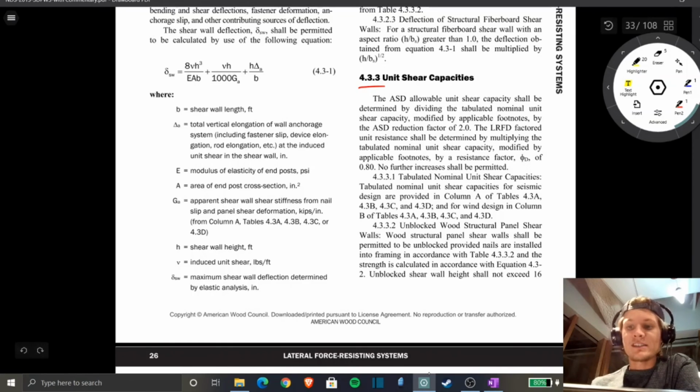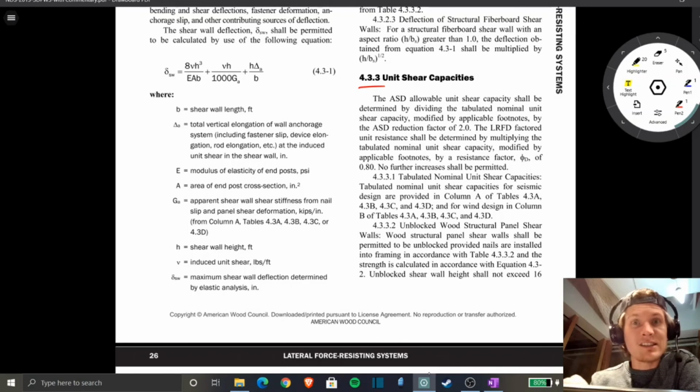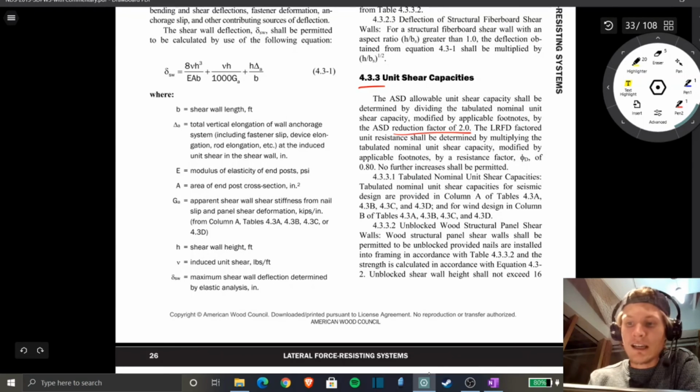4.3.3 unit shear capacities. If you read the top here, basically it boils down to, if you're doing ASD, the capacities in that table, you need to reduce them by a factor of 2, and for LRFD, you need to reduce them by multiplying them by 0.8.